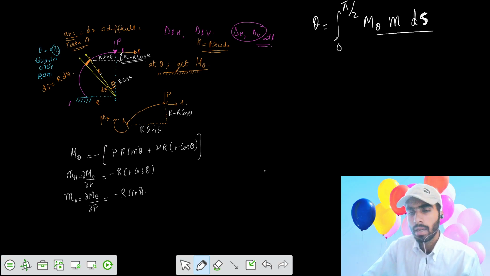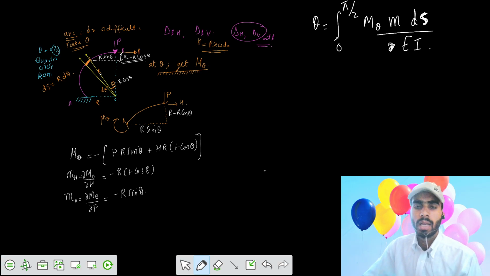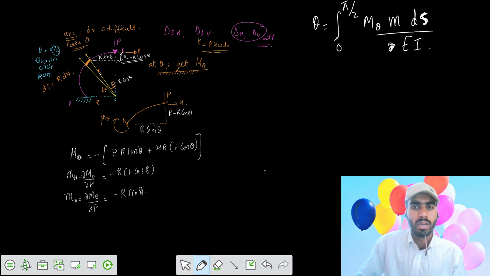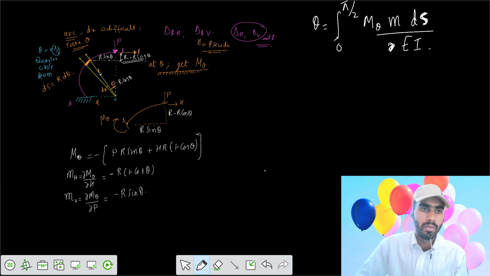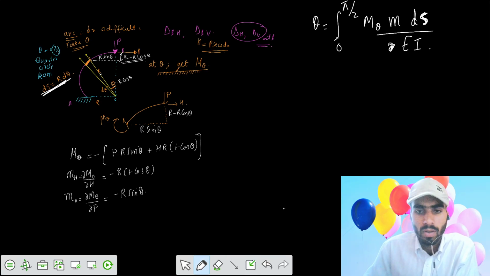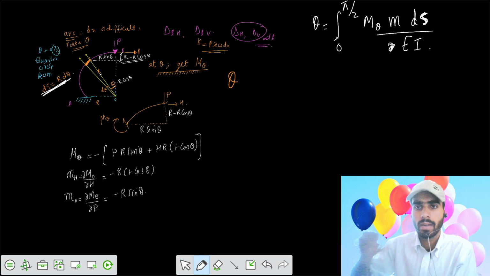So we have the relation small m dx by EI, but here dx is not to be taken. We take it along the strip, along the surface, that's ds equals R d theta. So we have to substitute the values now. We don't have to get the value of theta actually.